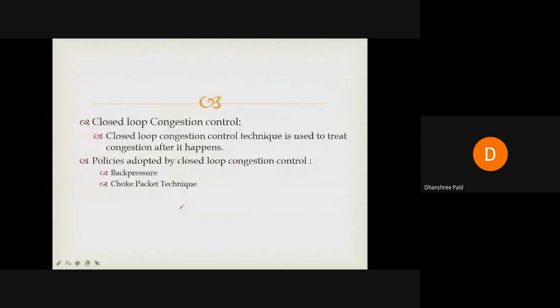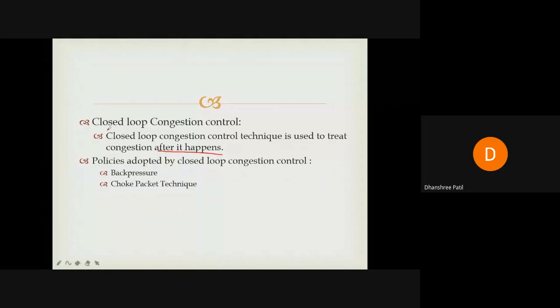Next is the closed loop congestion control. It is a technique used to treat the congestion after it happens. Open loop is what to be done before the congestion happens, and closed loop is what to be done if congestion has occurred, or how it can be controlled.